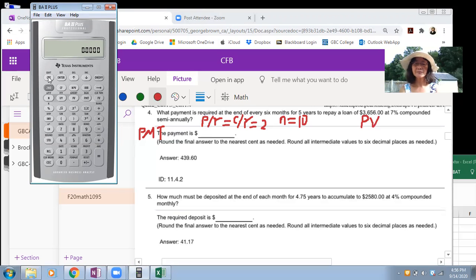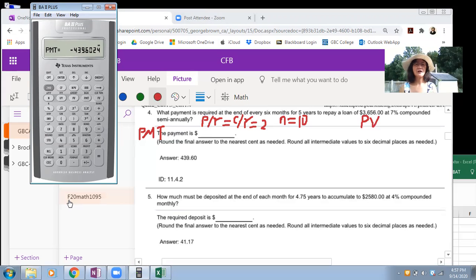And then present value $3,656. That is PV, present value. Interest is 7, IY, 10 is N, 0 is FV, and then compute PMT.